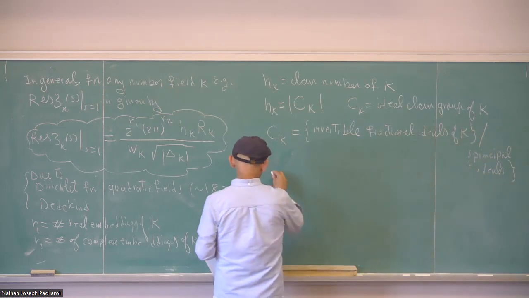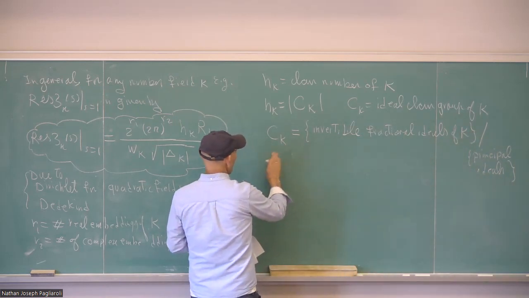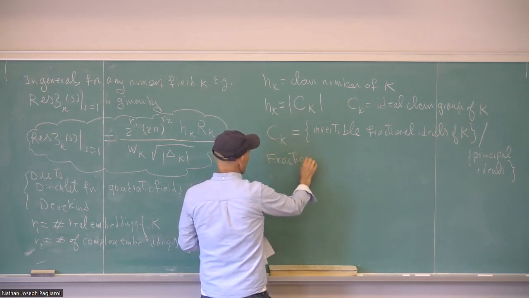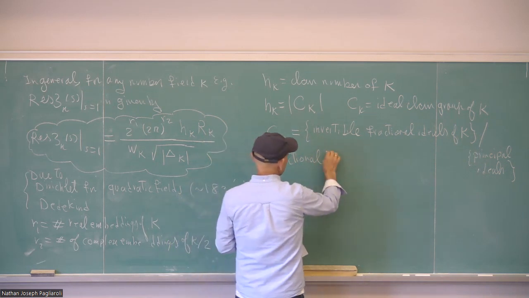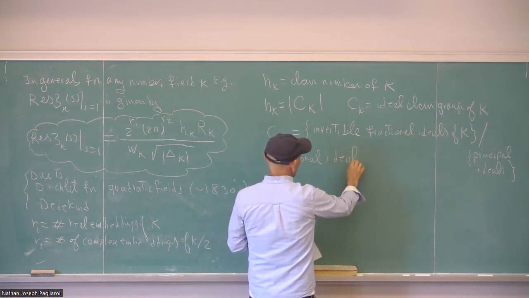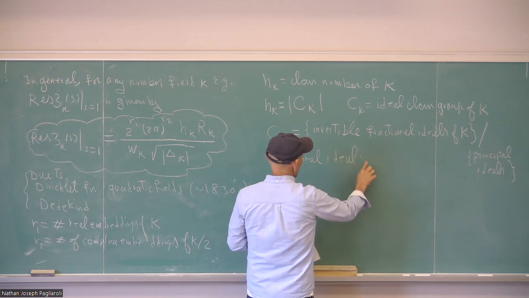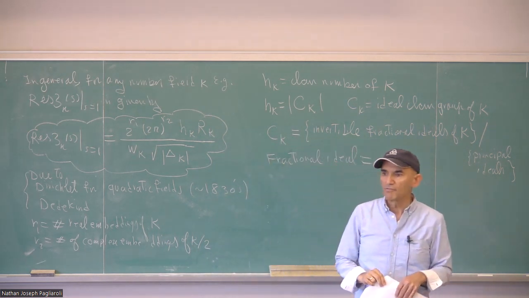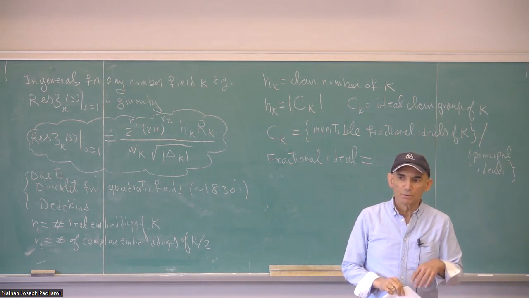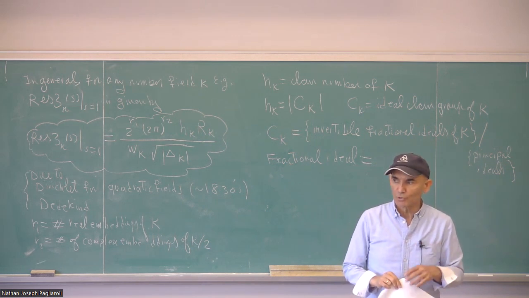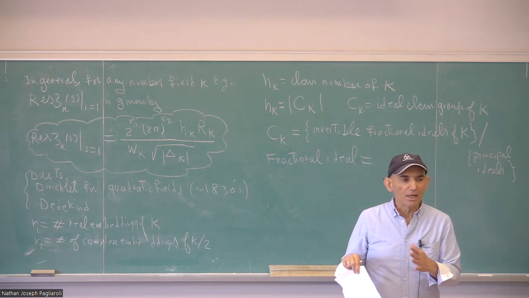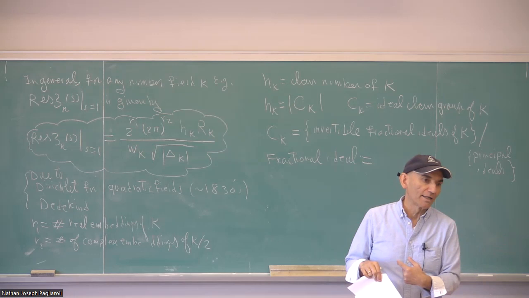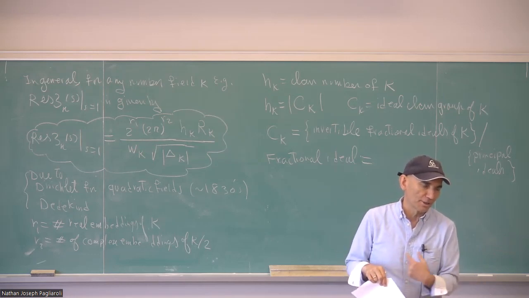So what is a fractional ideal? So ideal, of course, you know. So what is a fractional ideal? It's a generalization of the concept of ideal. So you can define it in different ways. For example, you can define it to be the quotient. I mean, you start with an ideal in O_K, and you divide it by an integer in O_K.